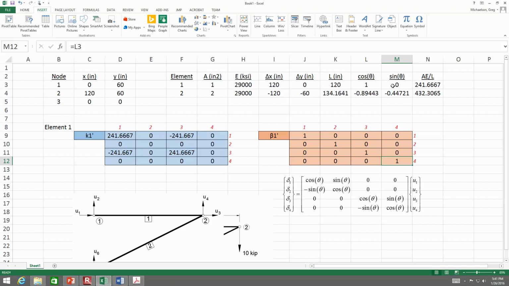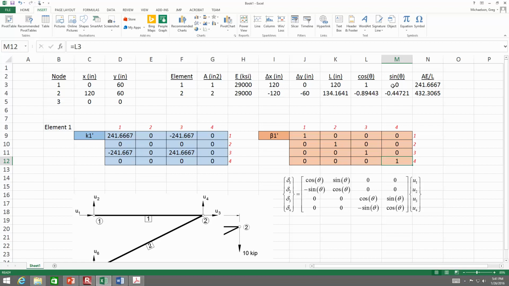All right, everybody good? Now, let's make sure that we're following what we need to do. We've got a local stiffness matrix and we have a rotation matrix. What do we need to do with them? We need to get a global stiffness matrix. How do we do that? There we go. We have beta transpose times K prime times beta.